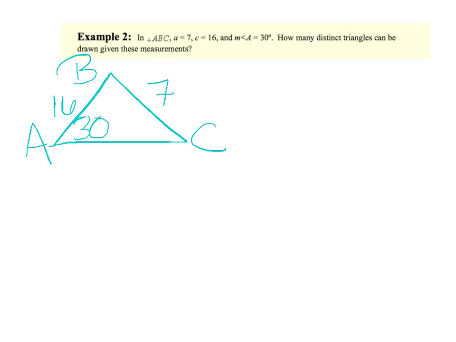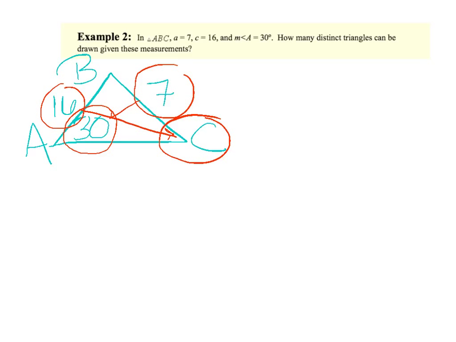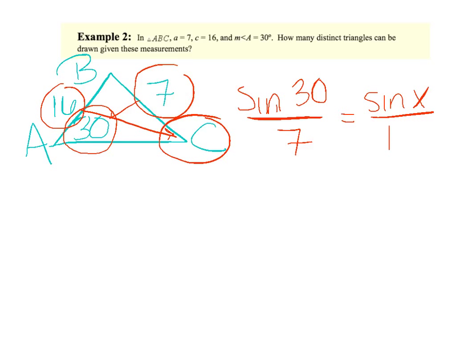So same idea. We're going to go side, angle across, side, angle across. Okay, so set up your law of sines. The sine of 30 over 7 equals the sine of x, that's what we're looking for, over 16.